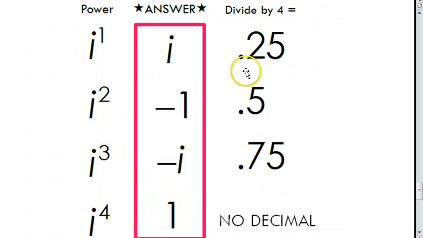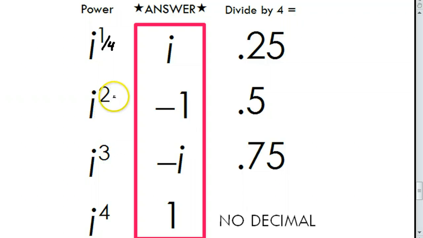Take the power and divide by 4, and then look at the decimal you get. i is like i to the 1 power. If I divide by 4, that's 1/4, which is 0.25. So if you see 0.25, you're dealing with i.